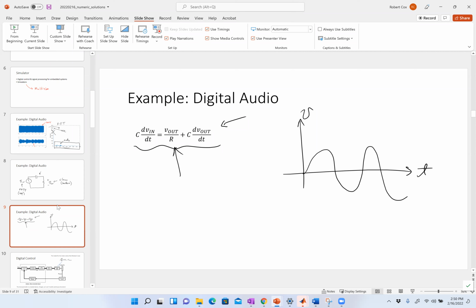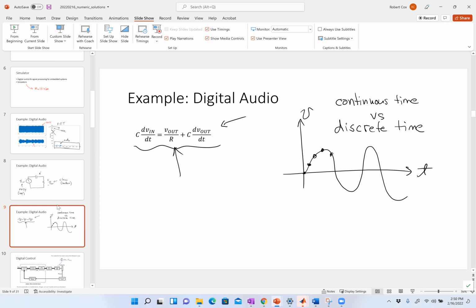But the way we tend to think of things is continuous time versus discrete time. Meaning, what I do is I take samples of this thing.